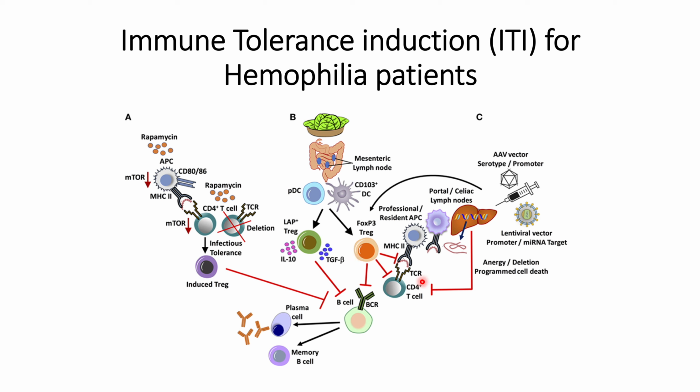Both of these will reduce the maturation of CD4 plus T cells into effector T cells, and simultaneously this induction of FOXP3 will reduce the immune response, or we can say the adaptive immune response, against the protein in the patient.